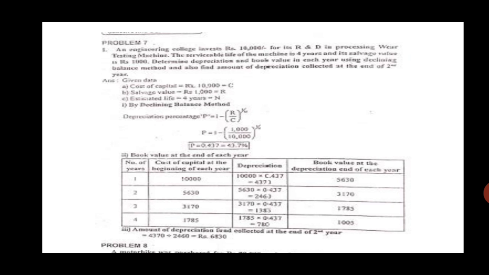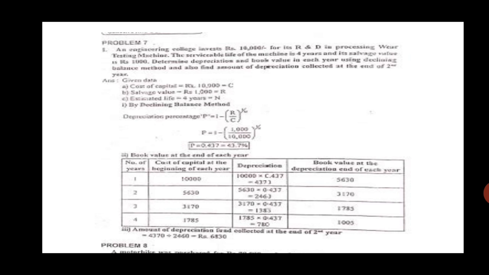Whatever is the cost of the capital for that particular year, you multiply that with the depreciation rate so that you get the depreciation amount, and this depreciation amount you deduct from the cost of capital to come to know the book value. So book value is nothing but cost of capital minus depreciation for that year. And finally the book value at the end of each year.